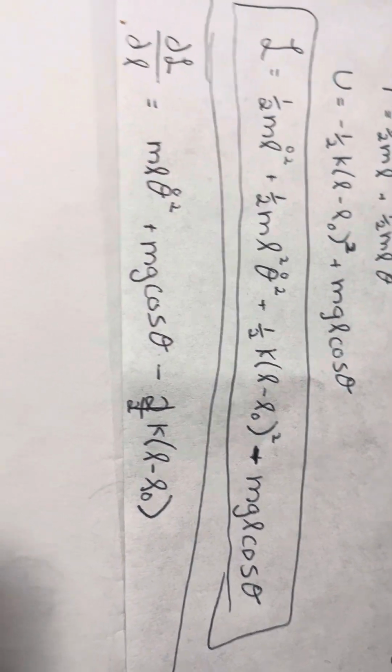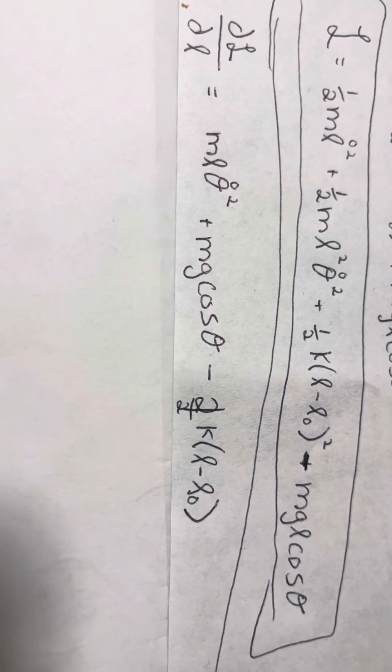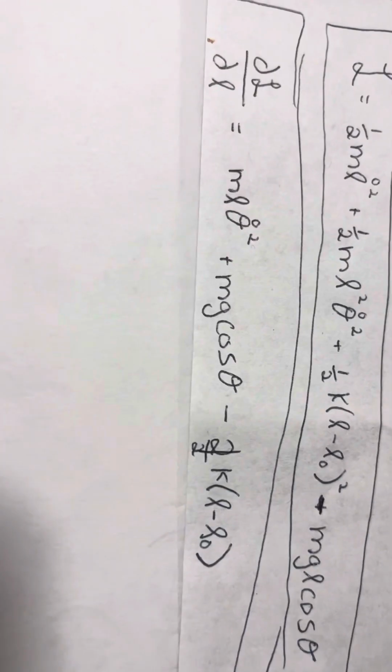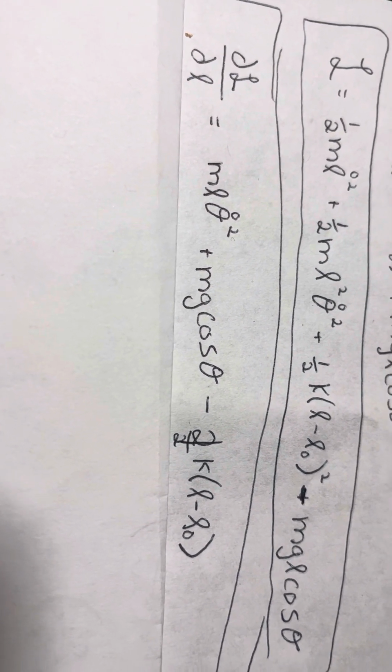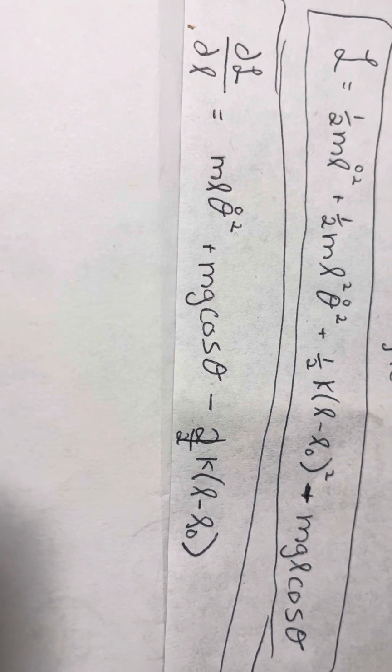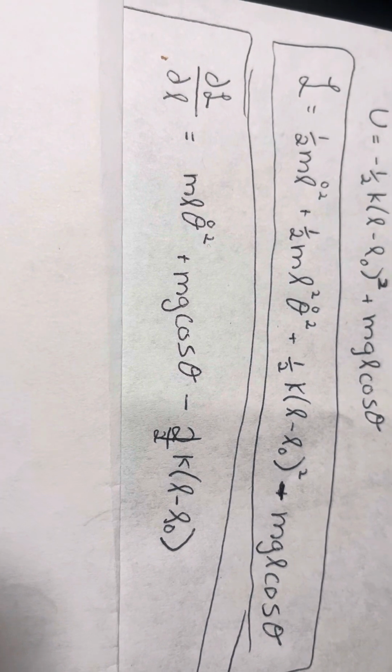for L and for theta, to solve it, the left-hand side is the partial derivative of the Lagrangian with respect to L, which is going to be equal to d over dt of the partial derivative of the Lagrangian with respect to L dot.